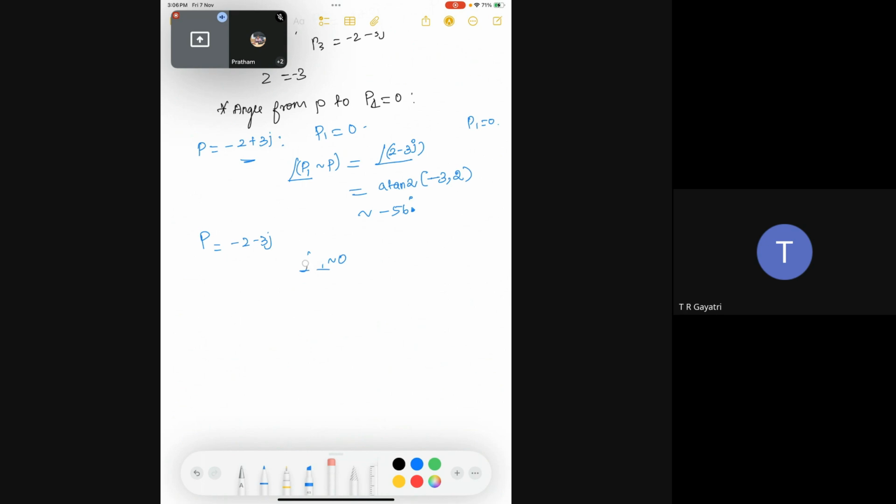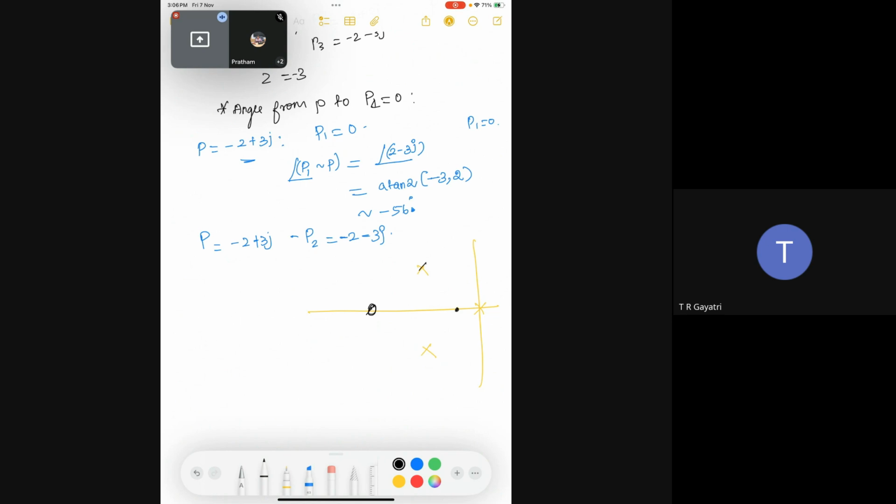Here I will consider P2, the other pole of the pair. Same from P to P2 will be minus 2 minus 3j. Okay, I'm taking it like this. There is one pole here, another pole here, another pole here. Here is the breakaway point, and this is my zero.